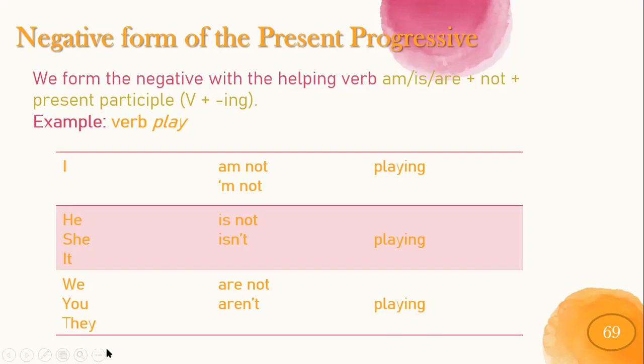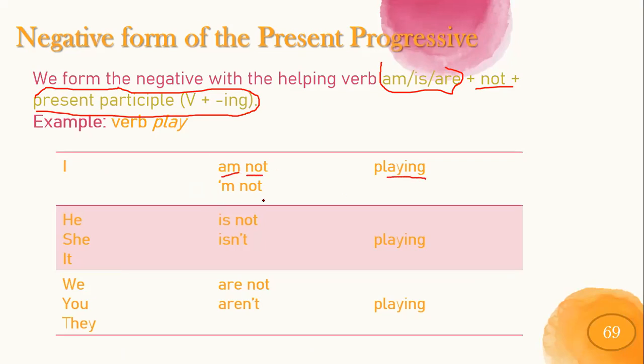I add the not. Where do I add it? I add it between the helping verb and the main verb with ing. Look at the example. I am playing. To change it to the negative, I say I am not playing, or I'm not playing.